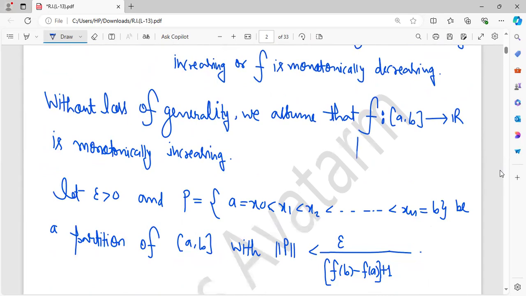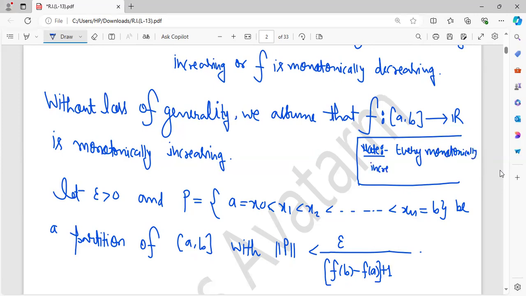So we are writing here, note that every monotonically increasing function is bounded on closed interval [a,b].